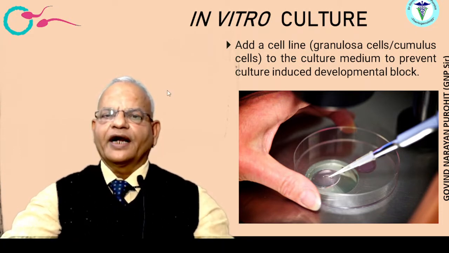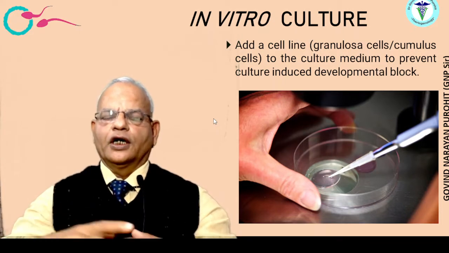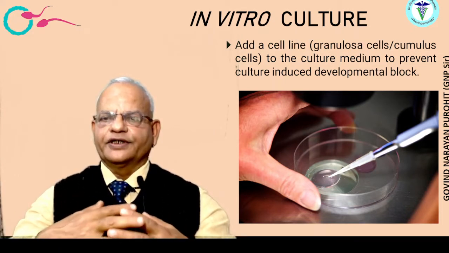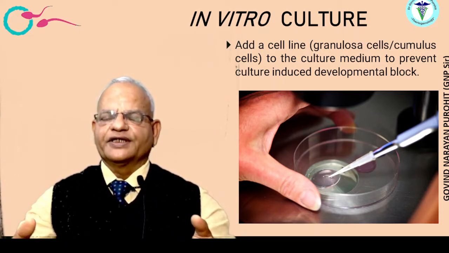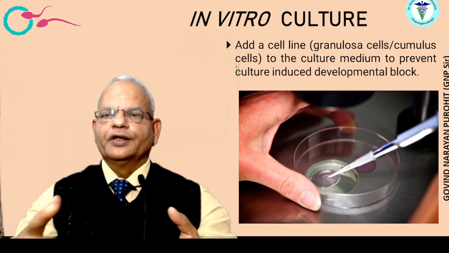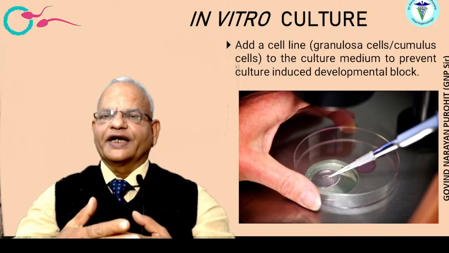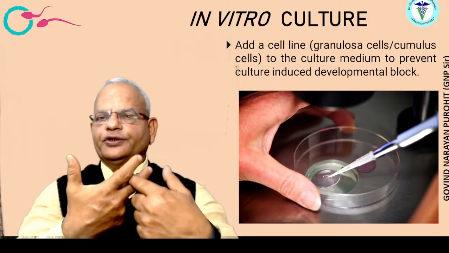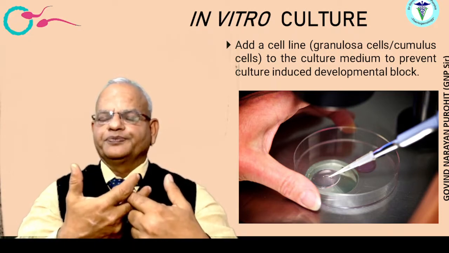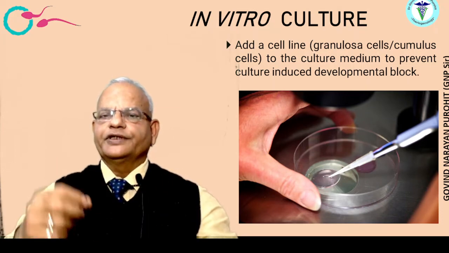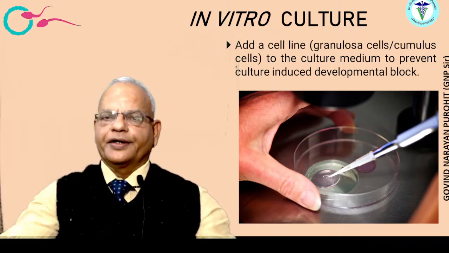So to avoid that, some cell line, maybe granulosa cells or cumulus cells, or maybe any other cell line, buffalo oviductal epithelial cells or the bovine oviductal epithelial cells, they can be collected very easily. We just cut the two ends of the oviduct, clamp it on one side, and then squeeze it using a forceps to take out the cells in a culture dish.